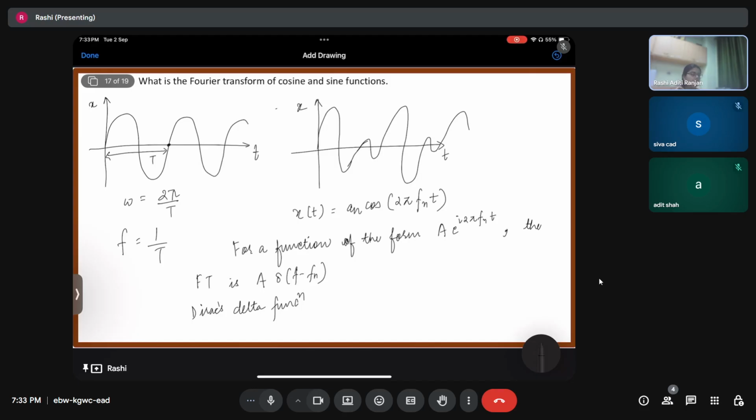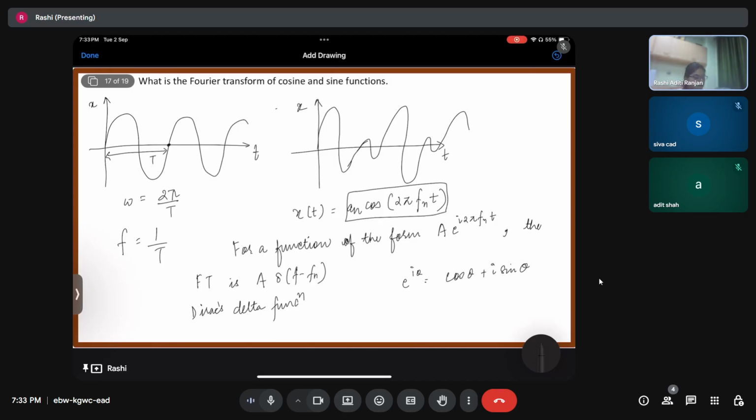Okay, now if I try to find out the Fourier transform of this, what I know is that any kind of cos function can be written in terms of complex exponentials, because we know e to the power i theta is cos theta plus i sin theta, right?